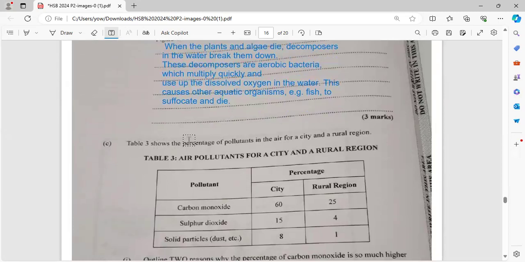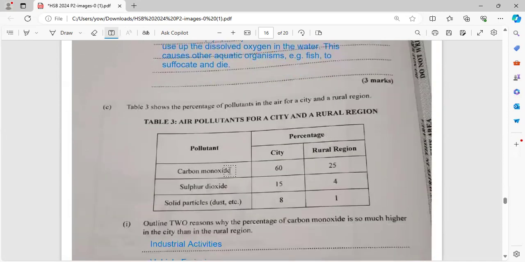Table 3 shows the percentage of pollutants in the air for a city and a rural region. You can see carbon monoxide 60, rural region 25; sulfur dioxide 15, rural 4; solid particles 8, rural 1. It says outline 2 reasons why the percentage of carbon monoxide is much higher in the city than in the rural region.